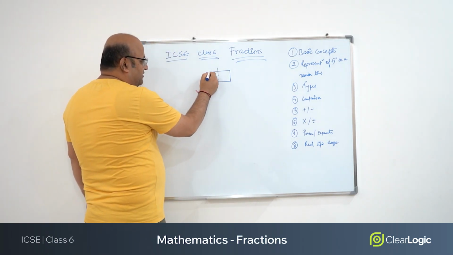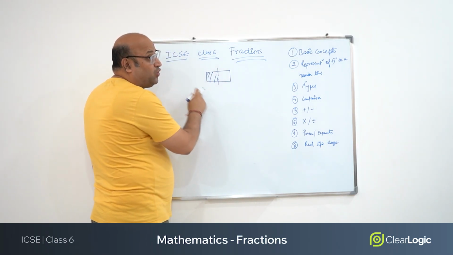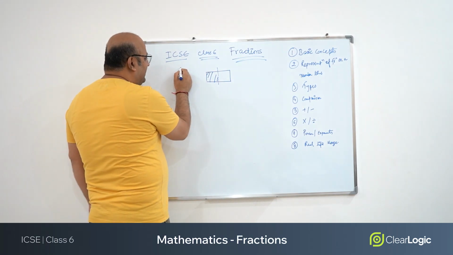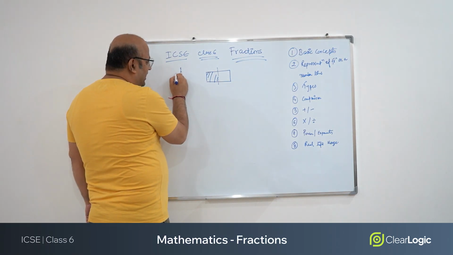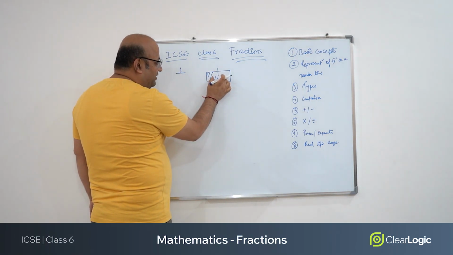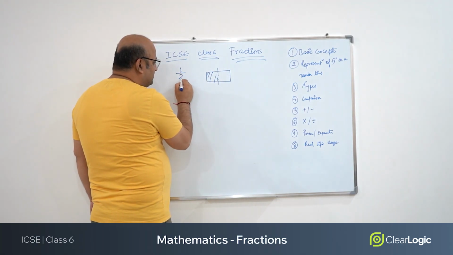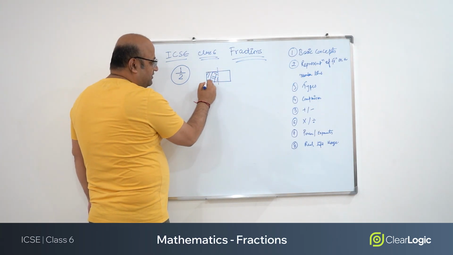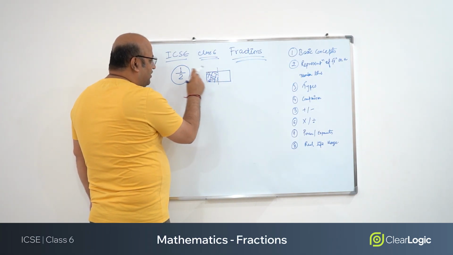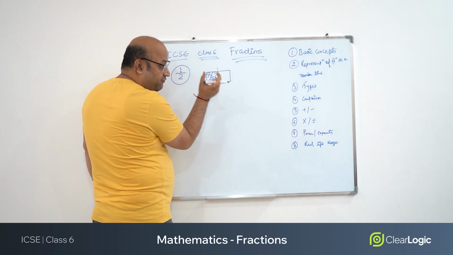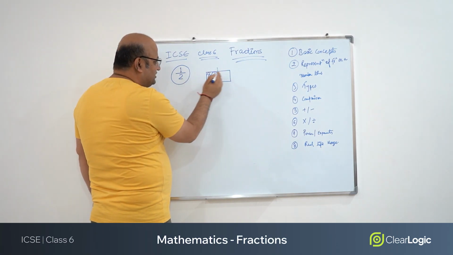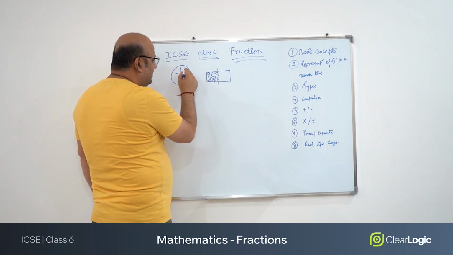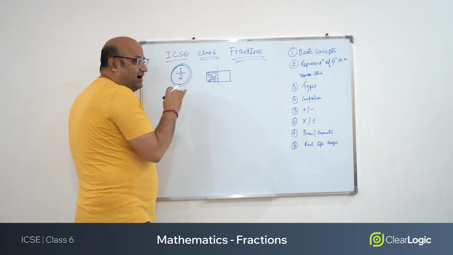So this part of one whole chapati will be represented as one part of how many parts are there now? 2. So the shaded part is one part from two parts. From one whole chapati, you will call it 1/2 or a half.